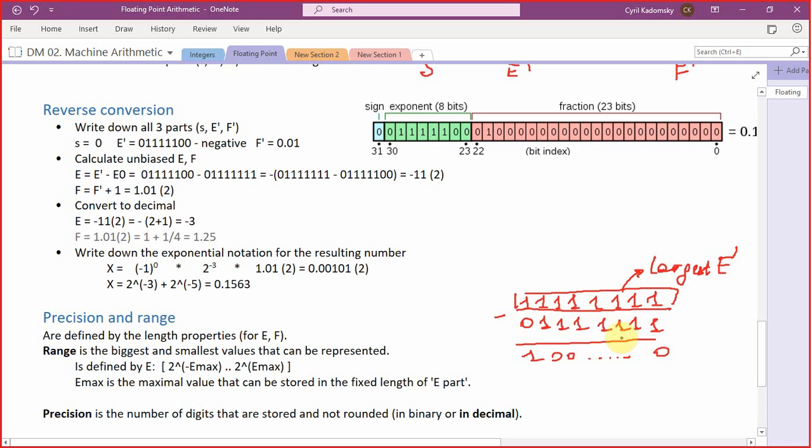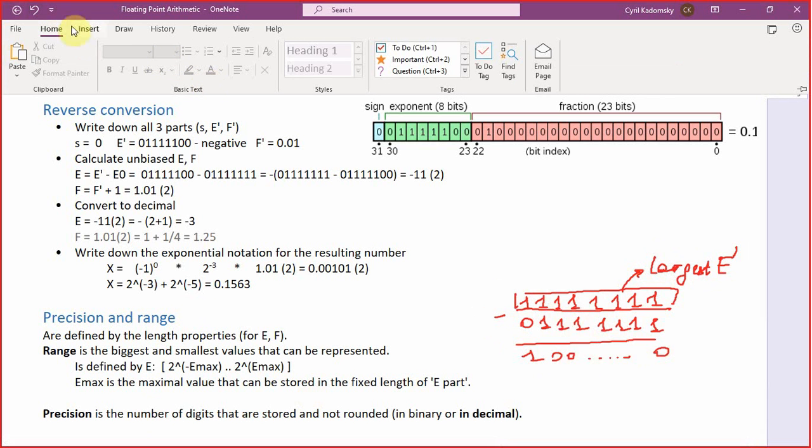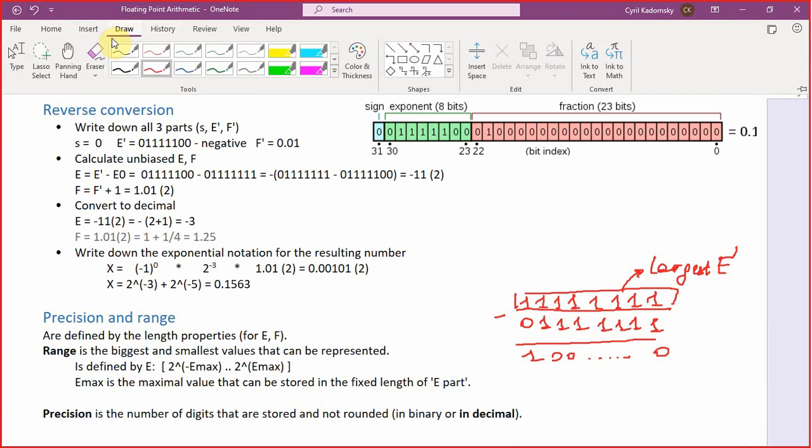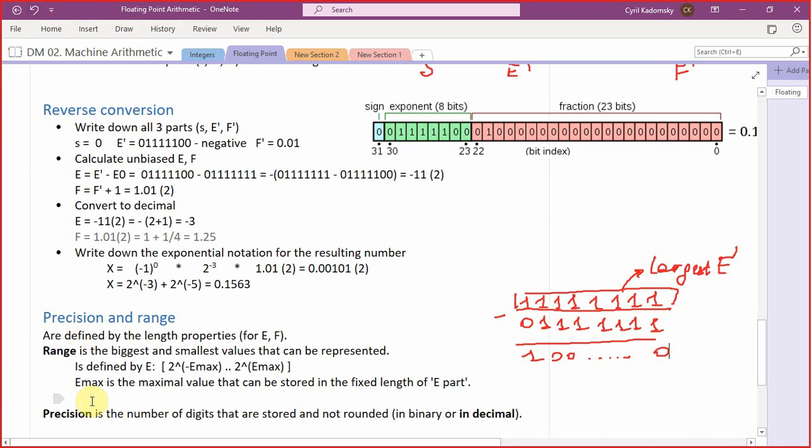So, to calculate the maximal exponent, we can do it very easily. It will always be a power of 2.